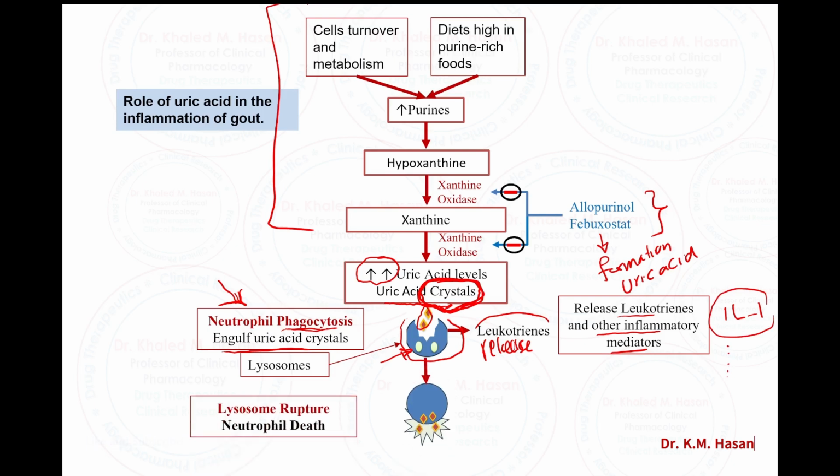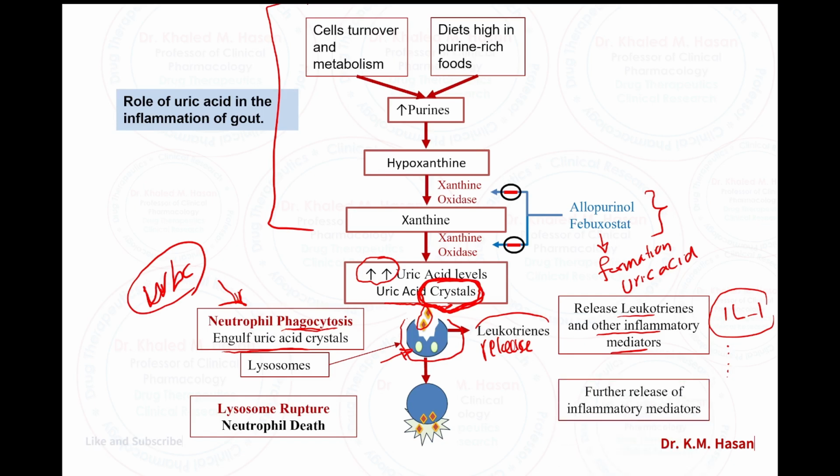Okay, at the end, when the neutrophils, a kind of white blood cell, try to phagocytize the crystals and cause inflammation, this will lead to the death of the neutrophils and release of more inflammatory mediators.